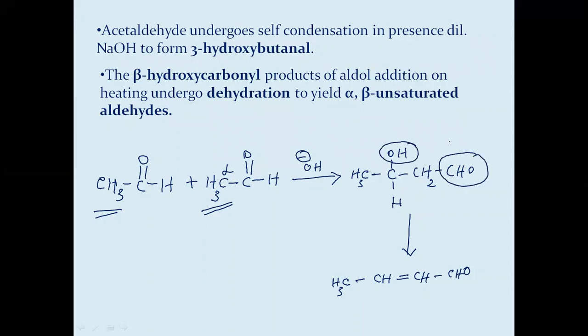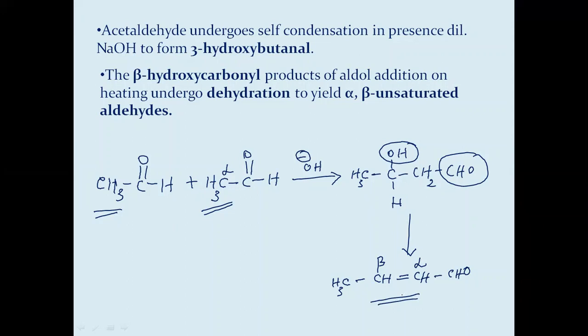That's why we call it aldol. When this undergoes dehydration, an unsaturated group is developed. Here you can see this is the aldehydic group, this will be the alpha carbon, and the next carbon to alpha will be the beta. So we get alpha beta unsaturated aldehydes. That is the final product if you make this aldol undergo dehydration.